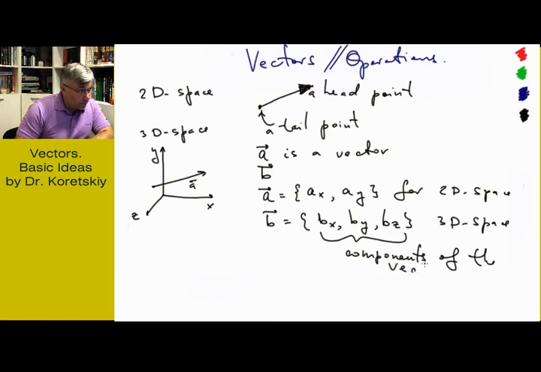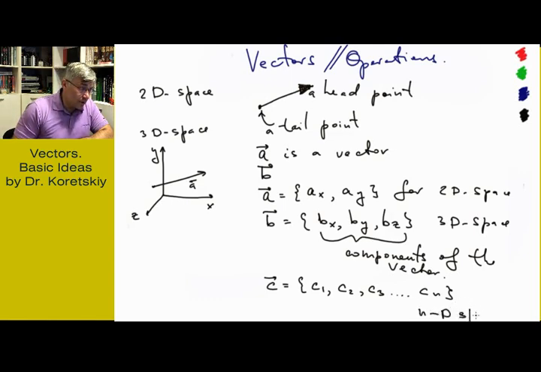In the very common situation, I'd use here, for example, vector C. We use numerated components, C1, C2, C3, and we can work with ND space, Cn components. Nobody forbids to work in ND space, I think.